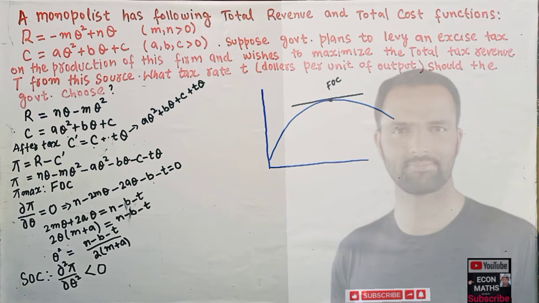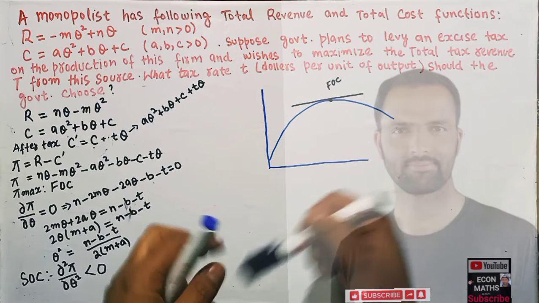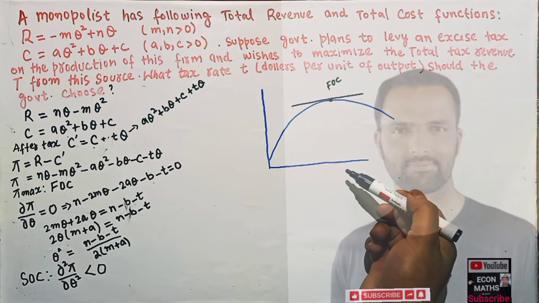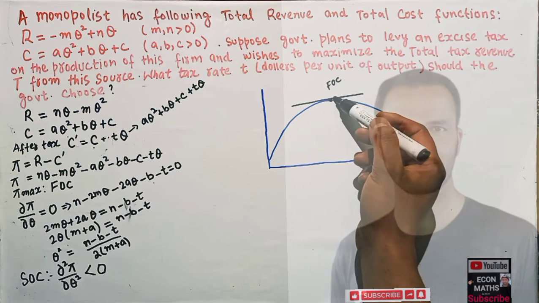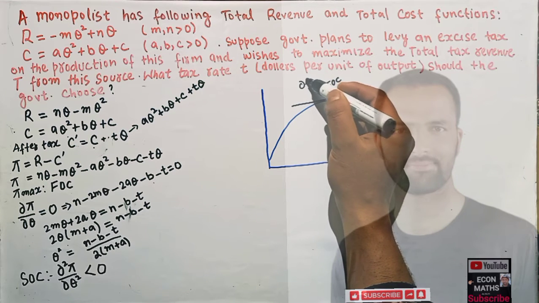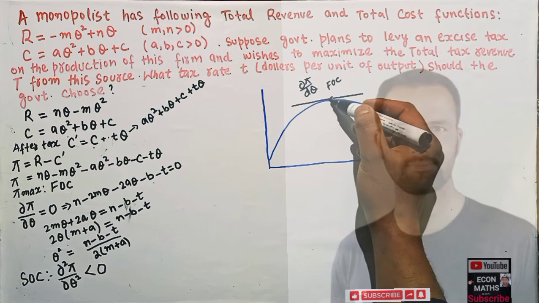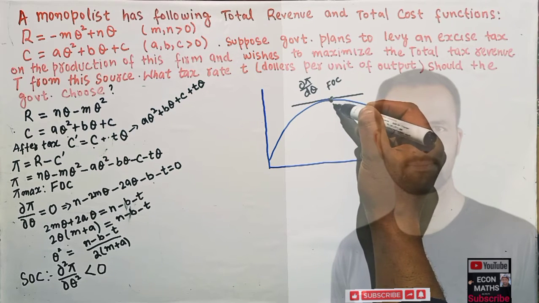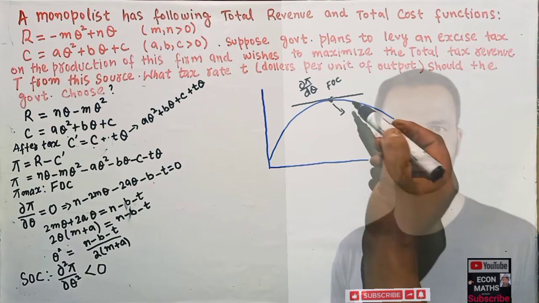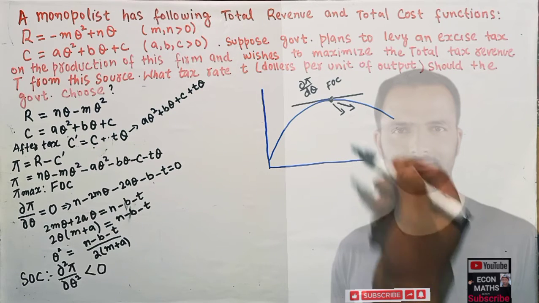So the first order condition requires that the slope of the profit function should be equal to 0. What do we mean by the slope? That means we should have a flat line here. The slope of a flat line is always equal to 0. So this is the first order condition, or I can write it as d pi upon dq. The second order condition is also applied here, to check whether after attaining the maximum value our profit function is decreasing.